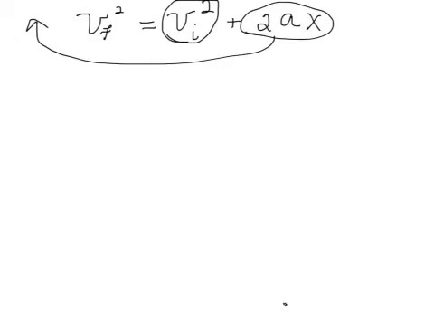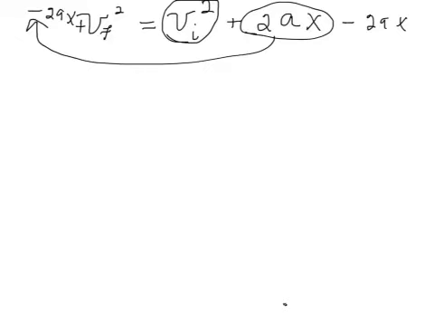So here we subtract 2ax from both sides. I'm going to put a plus sign there because I'm not multiplying. I'm subtracting, so that's an addition rule.